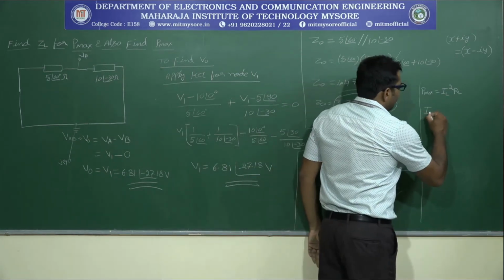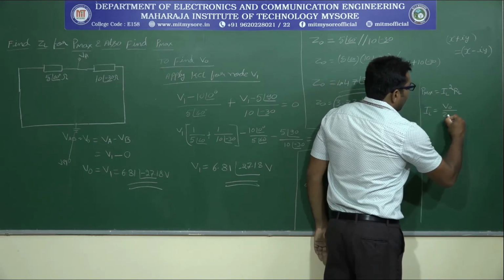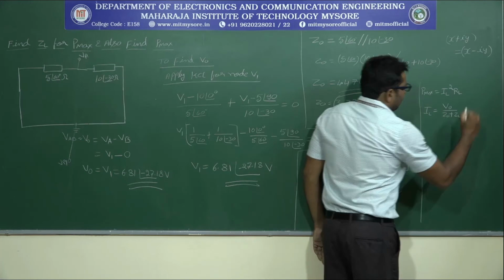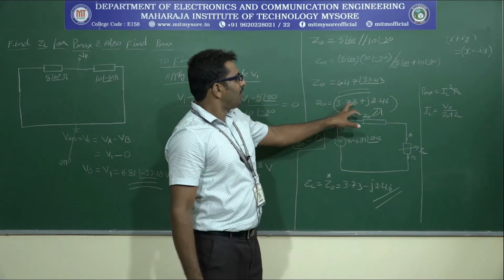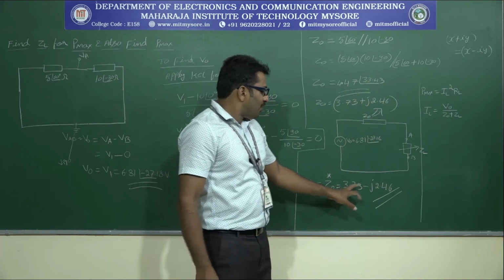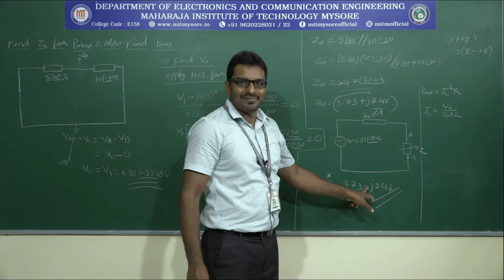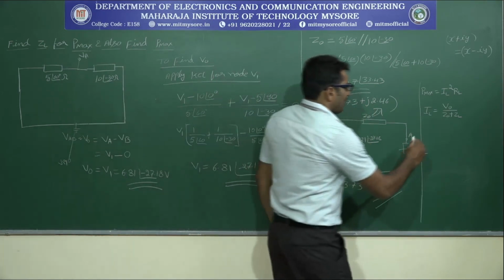IL is equal to V0 divided by Z0 plus ZL. You know what Z0 is? 3.73 plus j2.46. What is ZL? 3.73 minus j2.46. So this plus and minus will get cancelled. Then what is remaining?